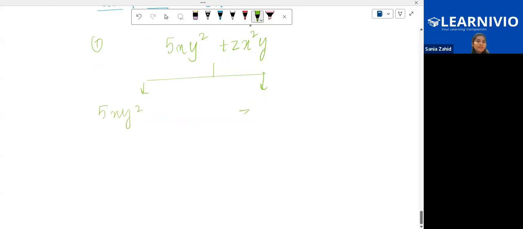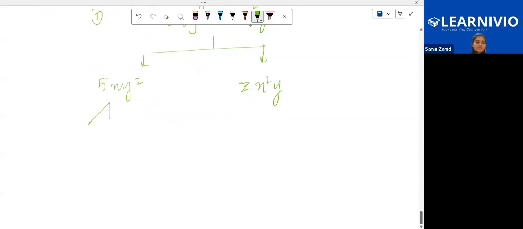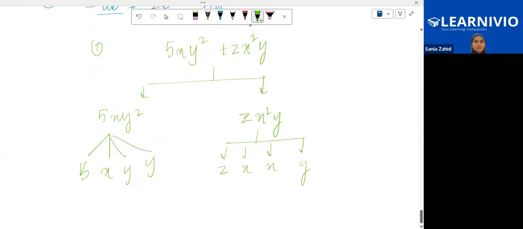Next, the factors. 4 factors are there: 5, x, y and y. And for this, 4 are there: 7, x, x and y. So this is the expression. These are the terms. And what are these numbers? The factors.